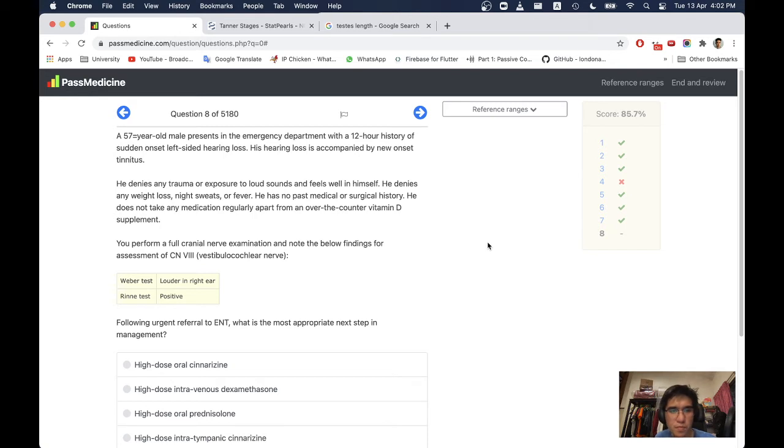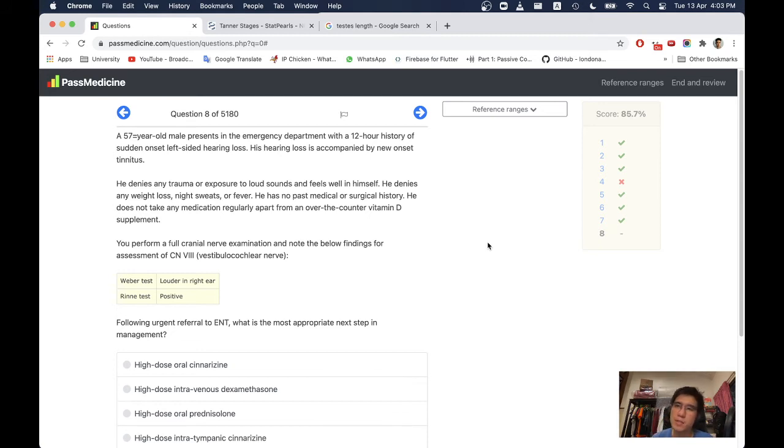Weber's test, louder in the right ear. Rinne test positive. What does positive mean? Positive means air greater than bone or bone greater than air? Is positive the normal one or the pathological one?